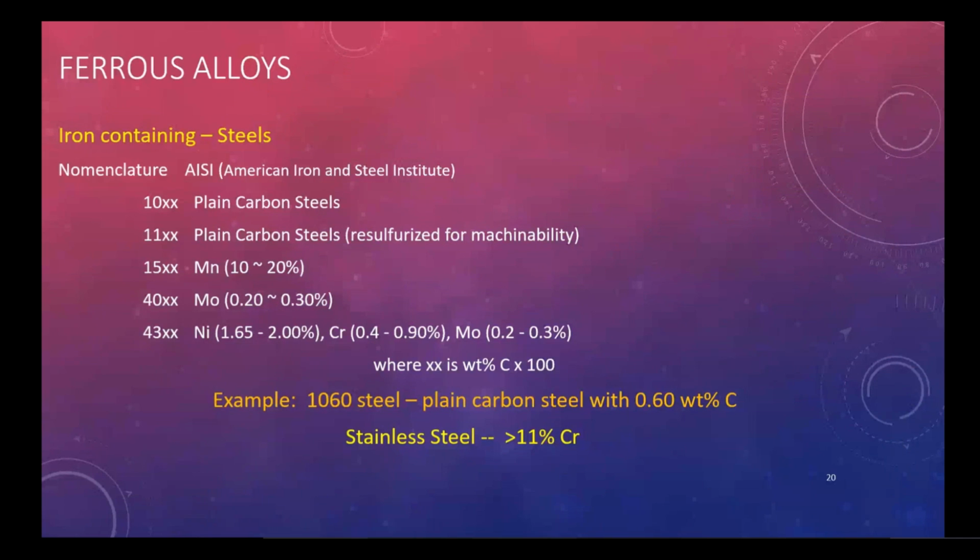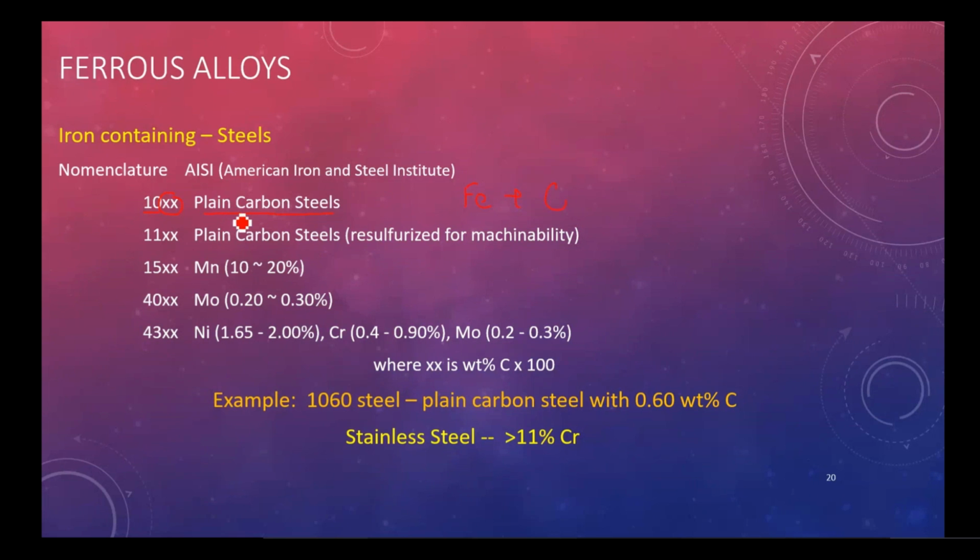Then comes the naming category. How do you name steels? The nomenclature, American Iron and Steel Institute, AISI nomenclature. 10 is for plain carbon steels. Plain carbon steels only have iron plus carbon.